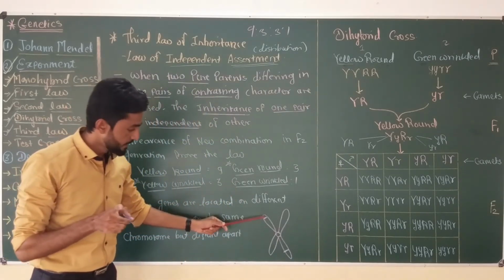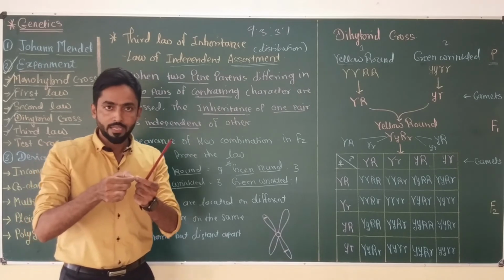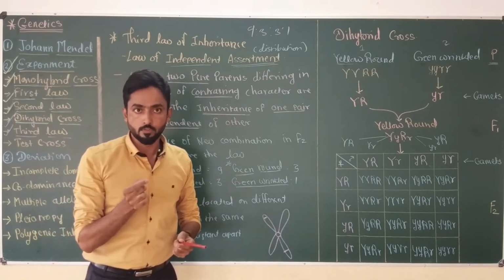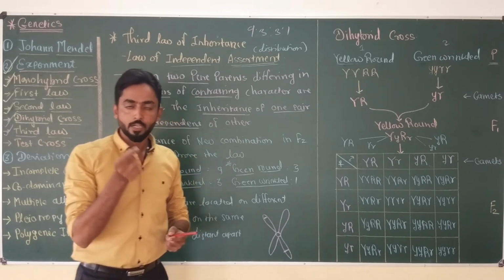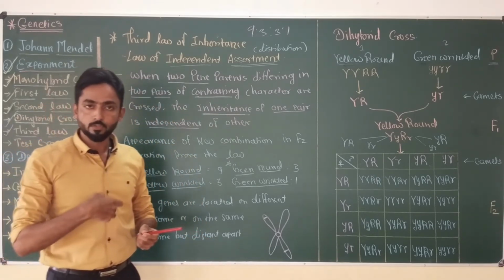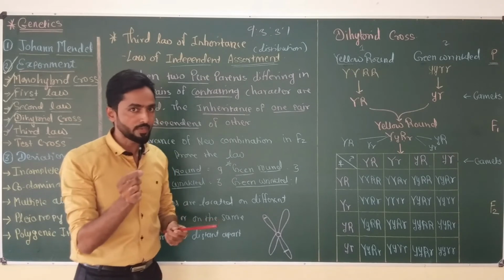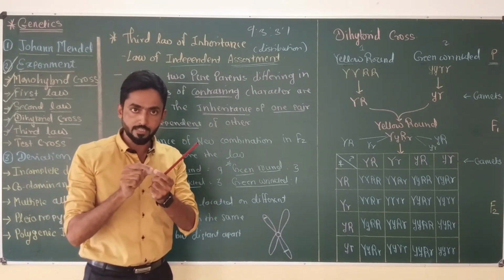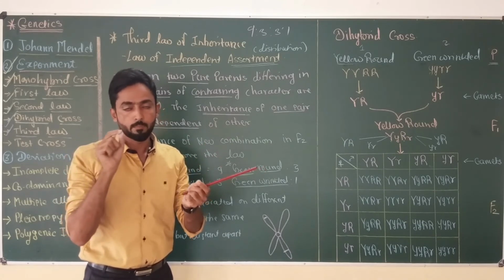Then and only then can these two genes independently assort in the gamete at the time of meiosis. We know that gametes are produced during meiosis, and they are produced by the recombination process, and recombination generally occurs in non-linked genes, or genes which are present distance apart on the chromosome.